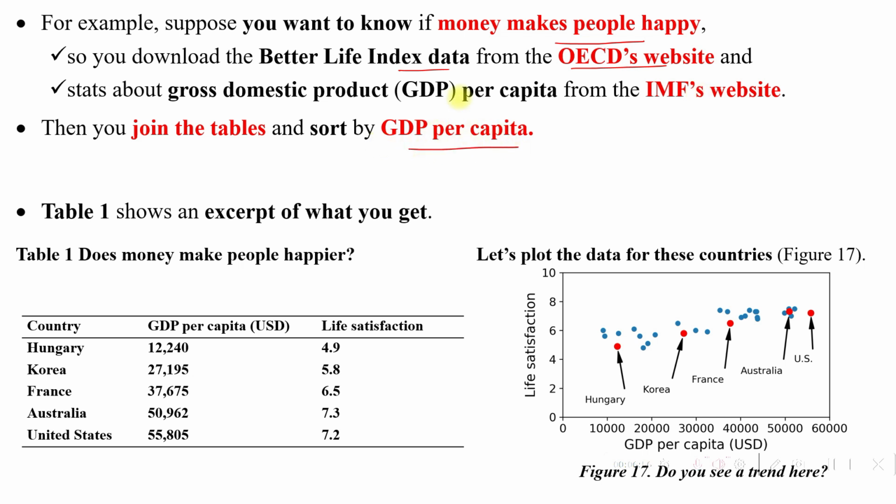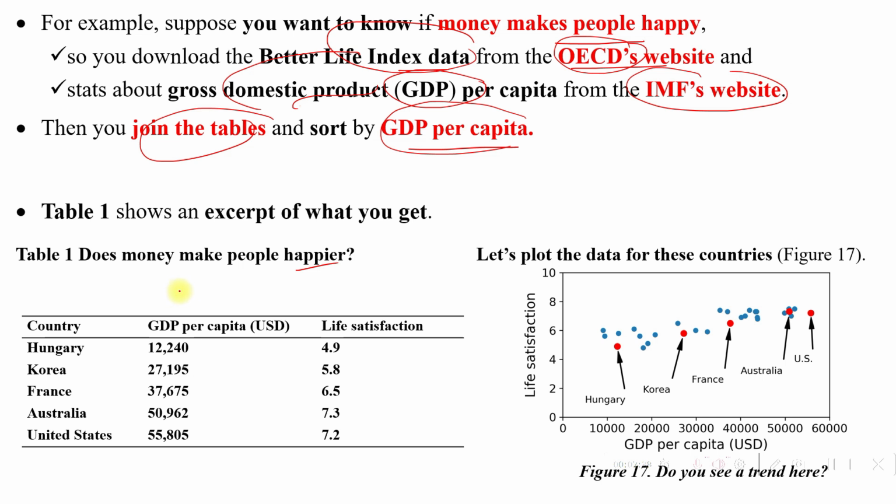Our aim is to find the life satisfaction of a particular country based on the OECD life index data and GDP data. Those two data sets are available from the OECD's website and the IMF's website. Based on these two tables, we join them and sort by GDP per capita. Now we get one new table, which we can call 'does money make people happier', combining these two tables.